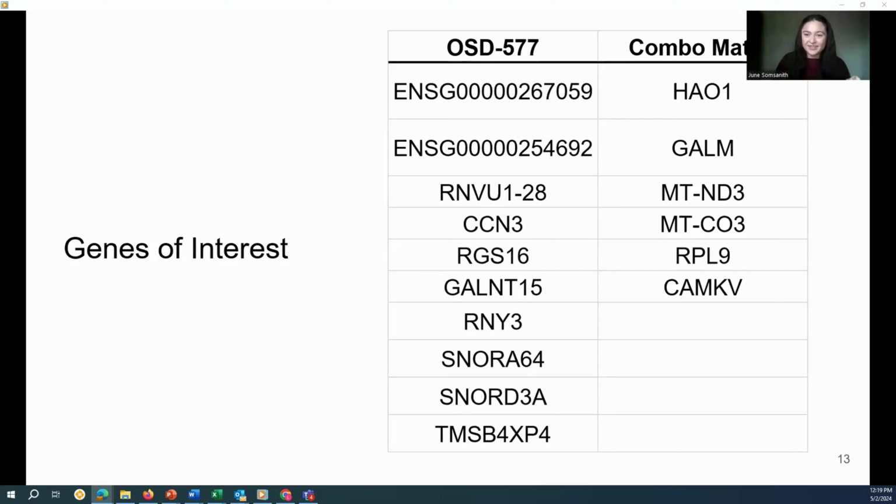And these genes in the combo matrix with the radiation, there's a lot of correlation with these genes and a lot of similar genes, the same genes that we're seeing in the larger combo matrix one, which will also be up on my GitHub page. And so with the human study, we are more focused on ribosomal changes that occur in spaceflight and radiation. But with the combo matrix, it's more mitochondria, which is just very interesting.